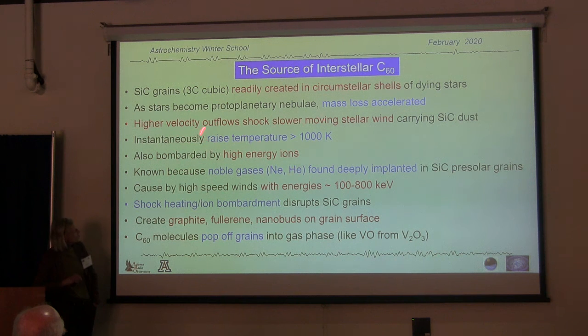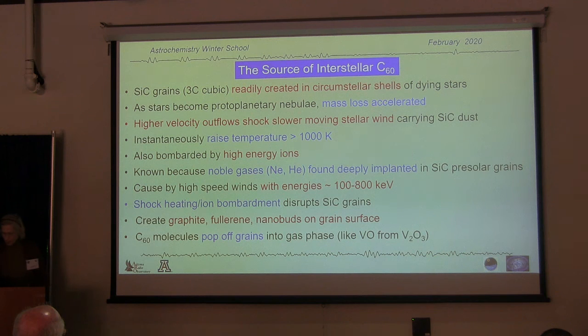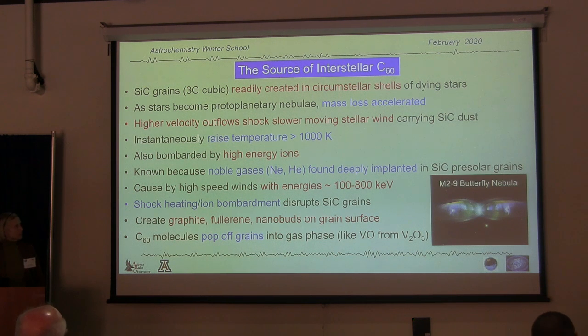And these sorts of conditions raise the temperature, strip the silicon off the grains, leave graphite behind, and carbon nanostructures, nanobuds, and C60. It's the shock heating and the bombardment that disrupts the silicon carbide grains and removes the silicon. And this can occur in the presence of hydrogen. So this is what we believe may be the source of interstellar C60. In a nebula like M2-9, the Butterfly Nebula, which is actually a protoplanetary nebula.